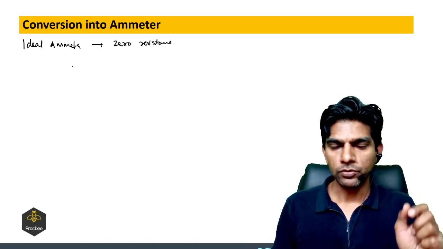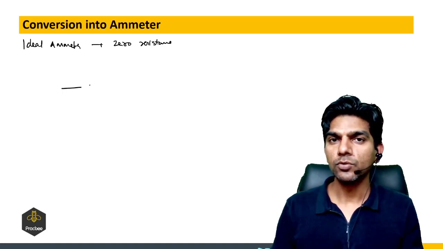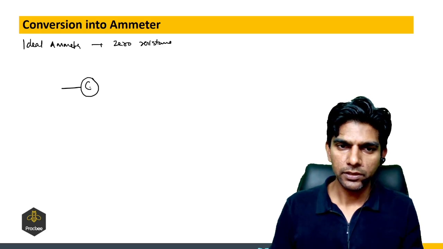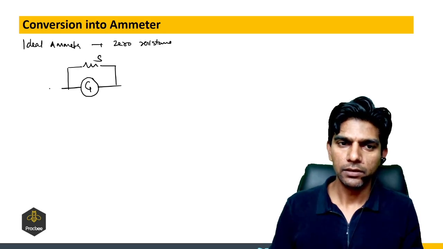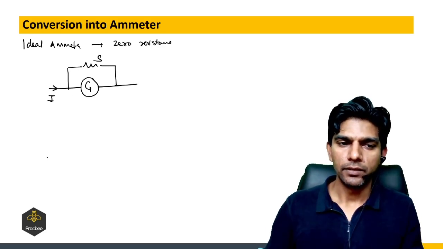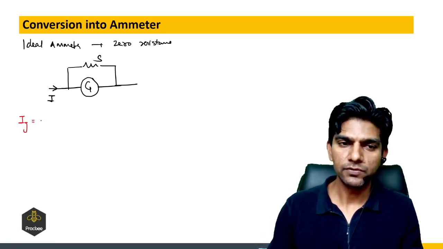So in order to convert a galvanometer into an ammeter, we have to connect a very small resistance in parallel to the galvanometer. Now this is the galvanometer, and we have connected a resistor, which is known as a shunt, in parallel. Suppose we want to measure the current I. And here we'll define another very important current, Ig, which is known as the full scale deflection current.